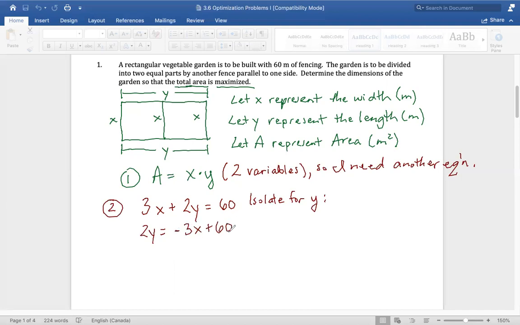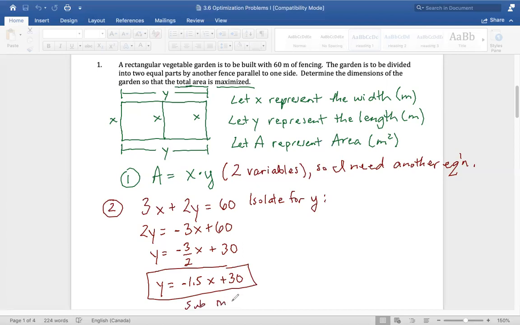So Y equals negative 3X plus 60, divide by 2, negative 3/2 X plus, half of 60 would be 30. And if I wanted to, I could change that into negative 1.5. You can make that a decimal instead of a fraction. So there's my equation. And I'm going to sub this into equation 1, right? Going back and reviewing substitution here.